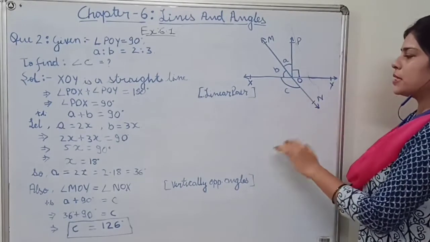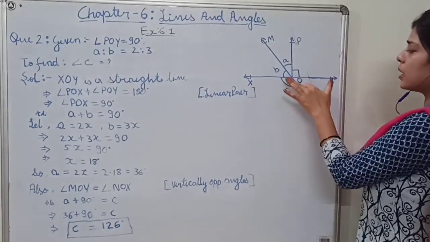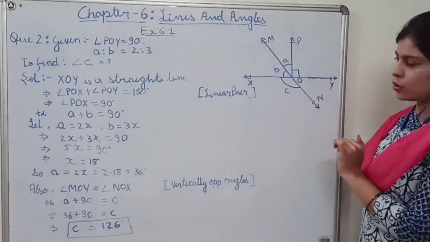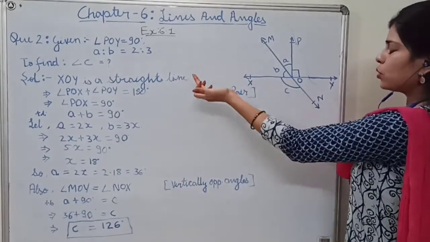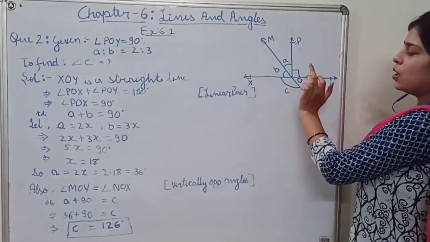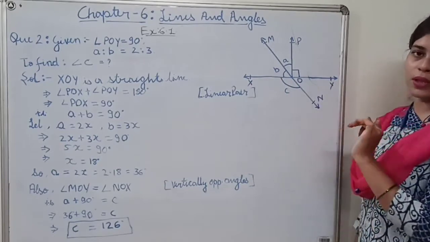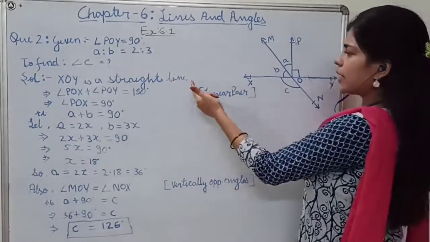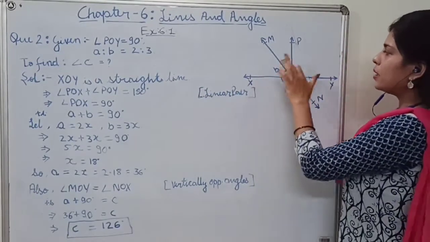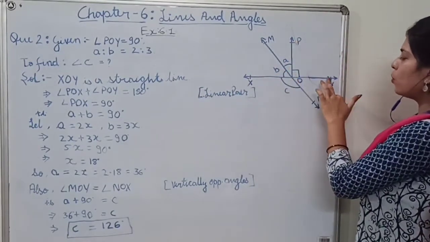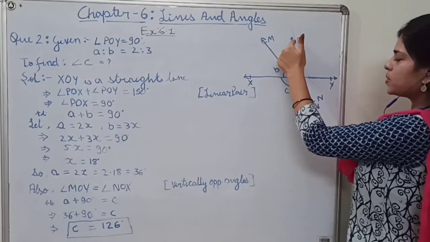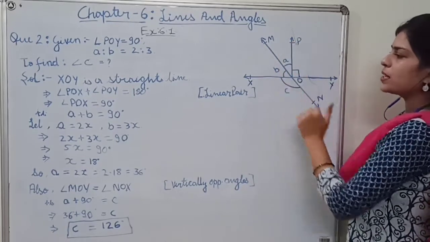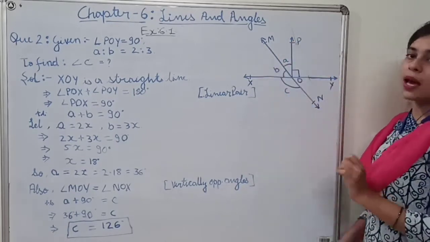First of all, see, XOY is a straight line. I have mentioned O between X and Y, because O is a point lying between the endpoints of XY. So angle POY plus angle POX will be 180 degrees. Why?